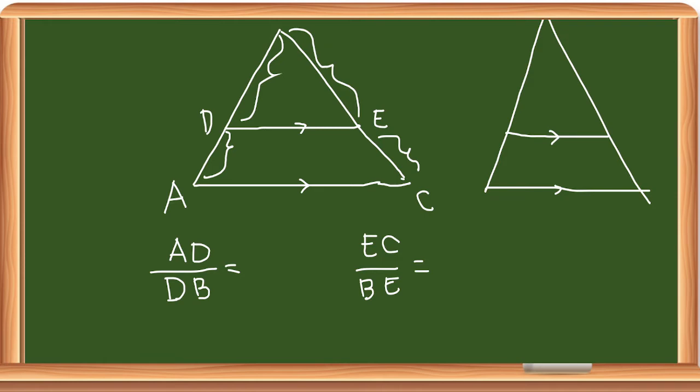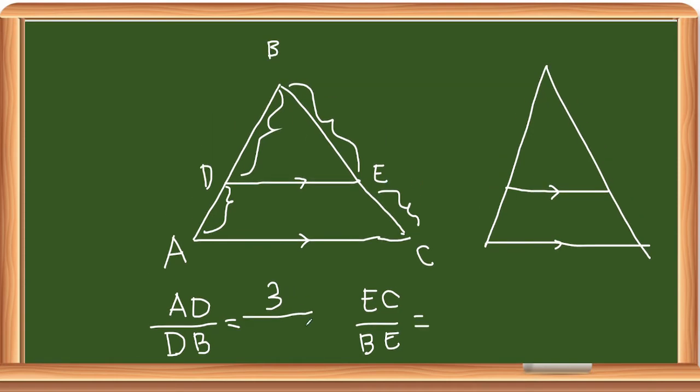We have, okay, so Lady Pastillo. Ma'am, what is your AD? 3 po. 3. Okay. Eksakto yung ano niya, no? How about your DB? Wait lang po, ma'am. Sige, measure mo lang. 4.5 po. 4.5.